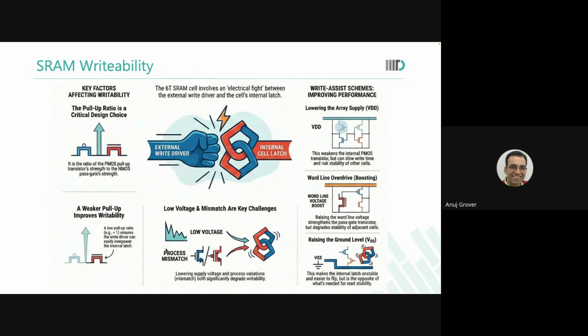If that Vx was not there, then my pull-up is going to be far stronger and my PG has to be much bigger. There is a huge area penalty that I will end up with. But because of that Vx coming in, which was a devil just a little while back, in the write operation it is helping me gain density. Are you able to see this?